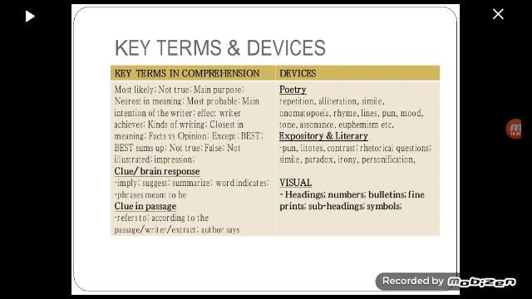Here are some key terms and devices that you need to remind yourselves of. Most likely, not true, main purpose, nearest in meaning, most probable, main intention of the writer, effect writer achieves, kinds of writing, closest in meaning, facts versus opinion, except, best sums up, not true, false, not illustrated, and impression.